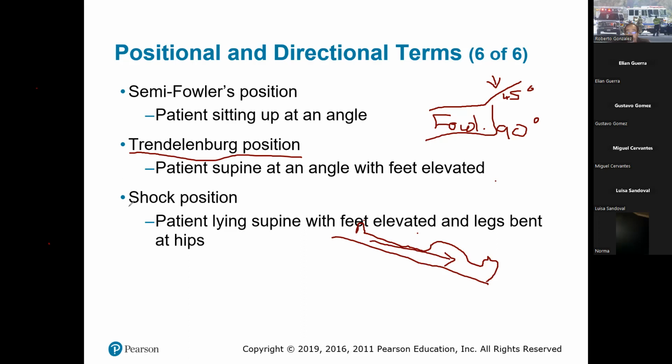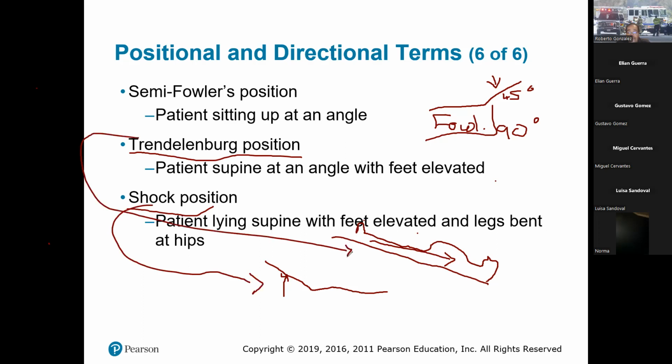When we're talking about the shock position, basically it's like this. Right at the hips, you straighten them out. So it's elevated right here at the hips. While this other one is the whole body elevated, facing down. It gives you the same thing, but this is considered the shock position right here. And this is considered the Trendelenburg's position right here.